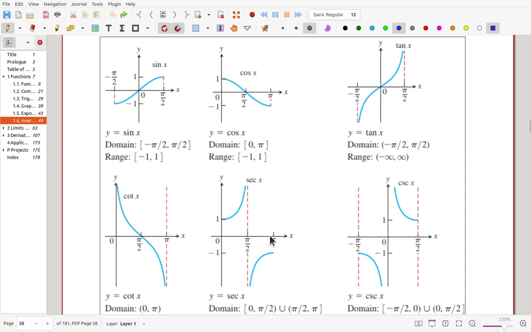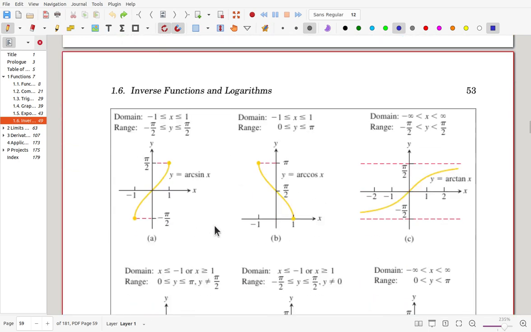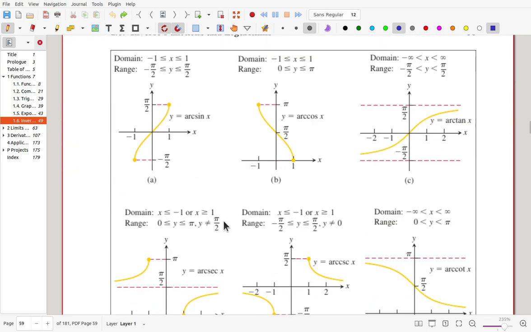So to find the inverse here, we have to solve for x. For example, for sine x, to find its inverse, we start with y equals sine x, and we have to solve for x.